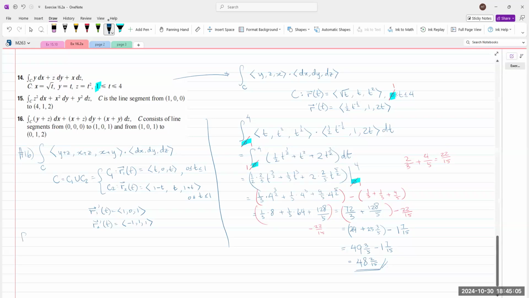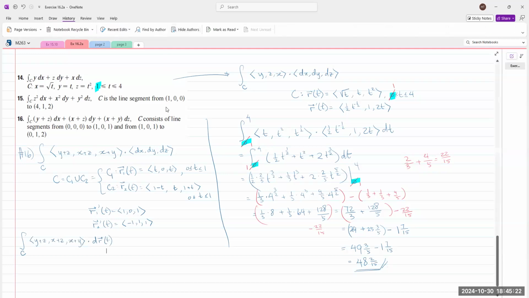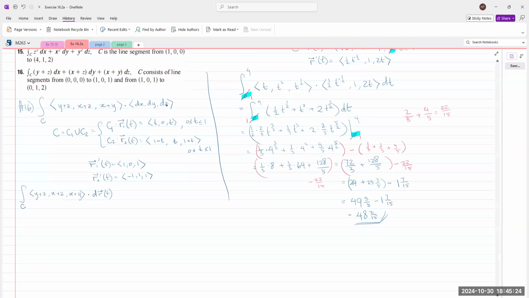Okay, so the integral over C of (y plus z, x plus z, x plus y) dot dr can be written as the sum of two such integrals, over C1 plus over C2.